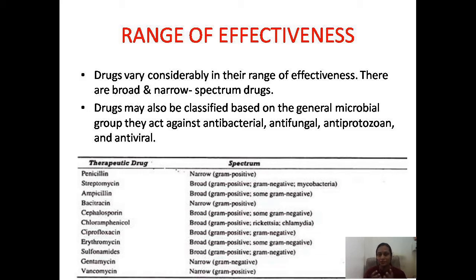Take penicillin: it is usually effective only on gram positive bacteria, and since it is effective on only one group, we term it a narrow spectrum drug. In contrast, streptomycin is effective on gram positive, gram negative, as well as mycobacteria. That's why it is called a broad spectrum antibiotic.